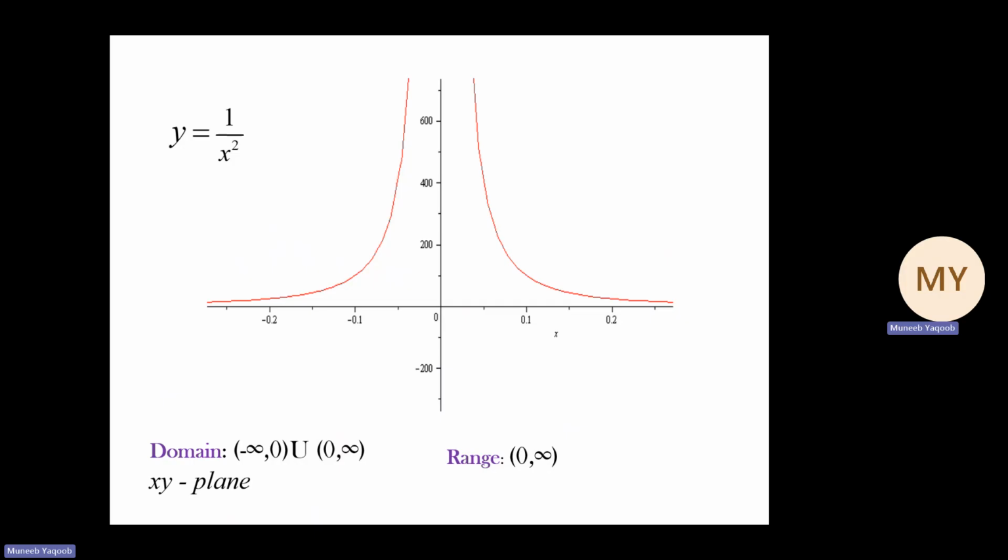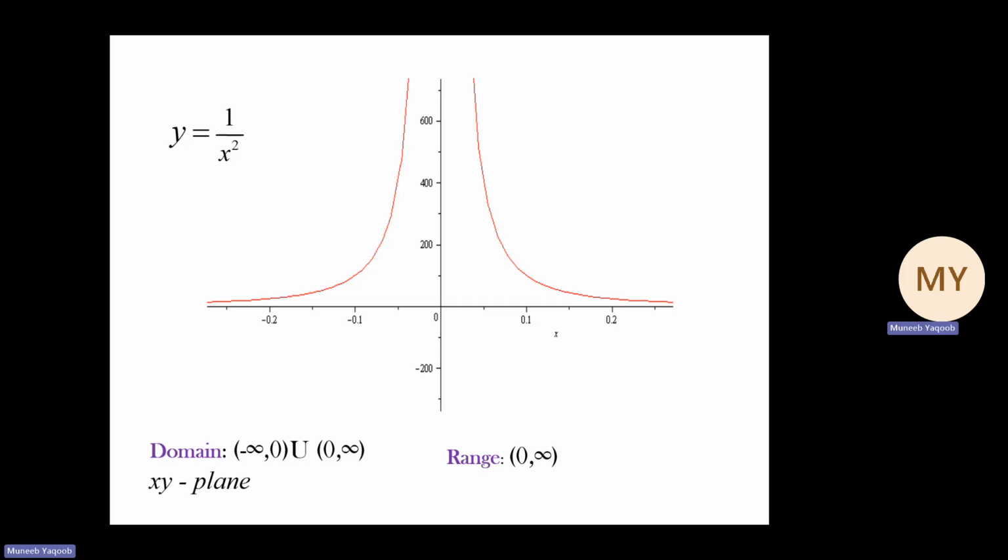You can see as x approaches infinity, the graph becomes closer and closer to the x-axis, but it never touches the x-axis. Hence we can say that the x-axis is an asymptote to the graph, and the graph can never touch the x-axis, so it can never achieve a value y equals 0.